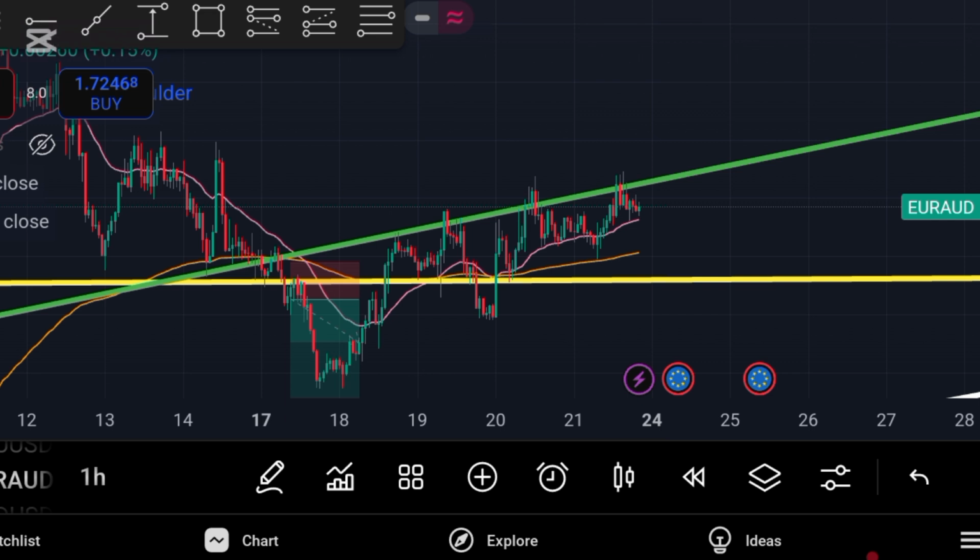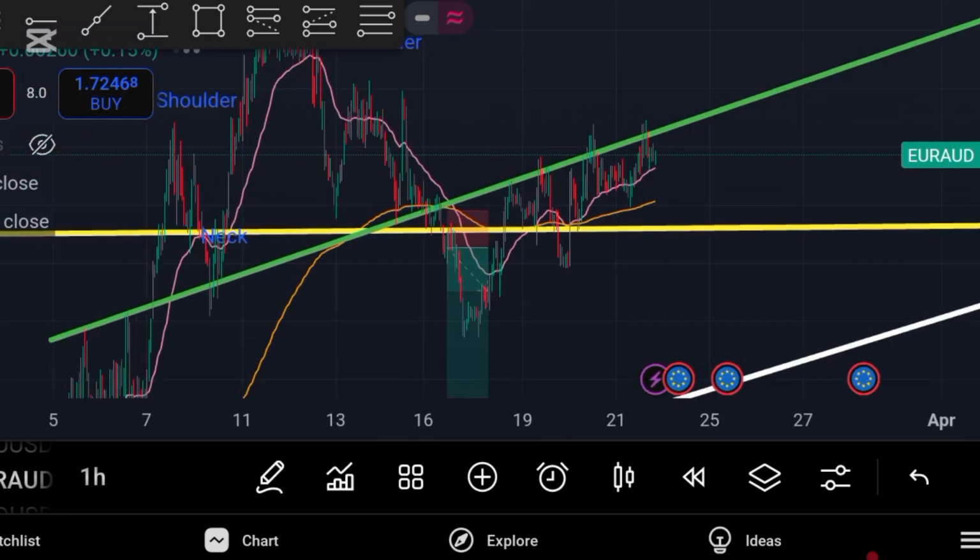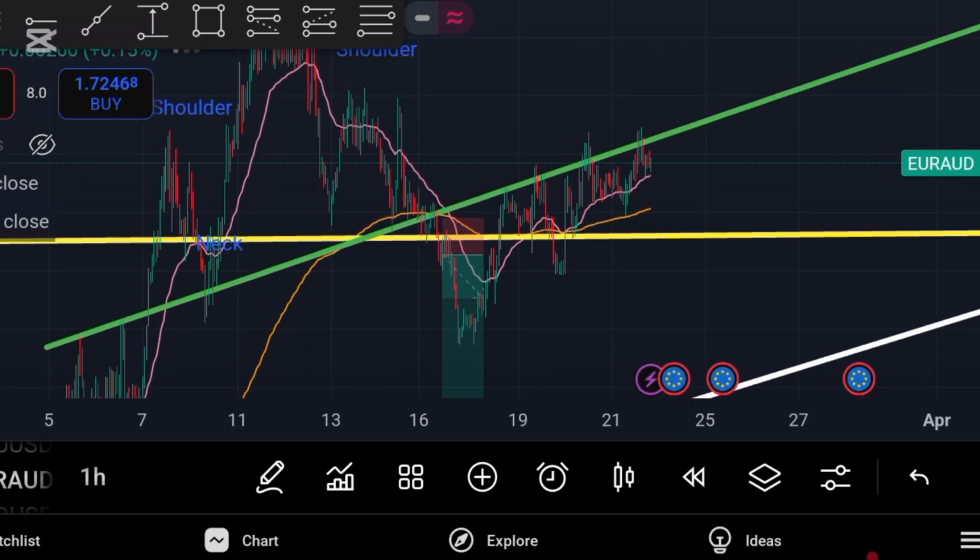So you can risk and go to the downside with it, or you can just wait and see if it will break and go up and continue to the upside. But for me, I'd definitely say rather go for a downtrend when it comes to this one.